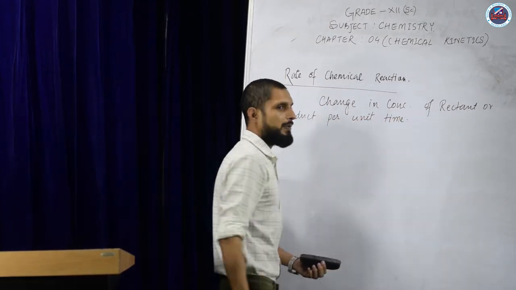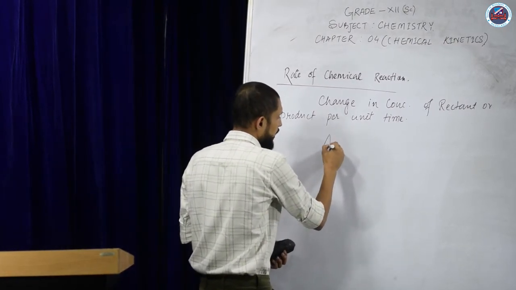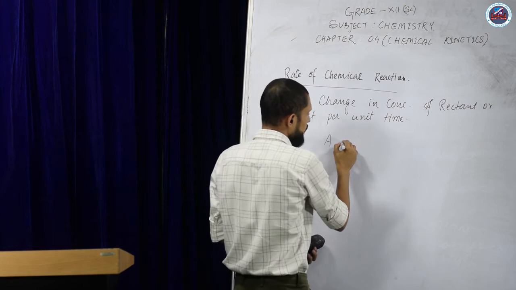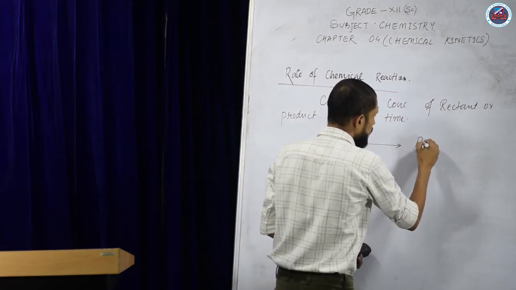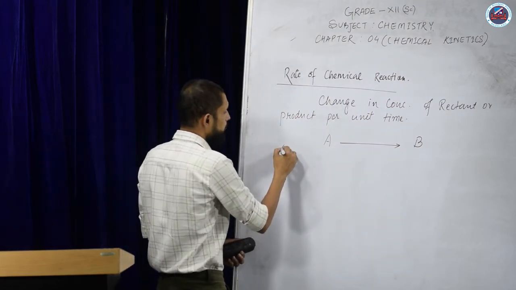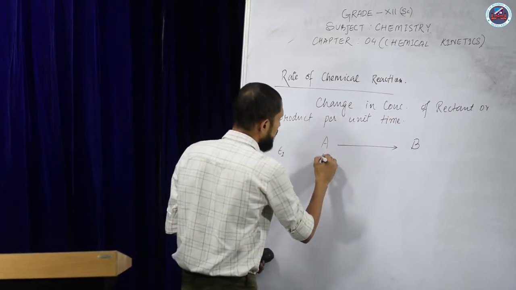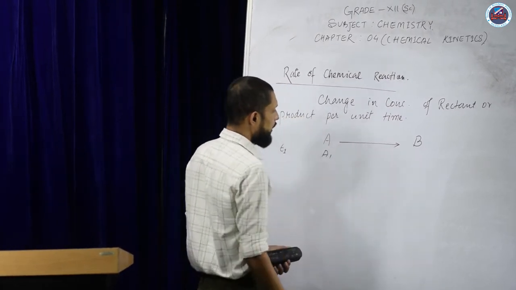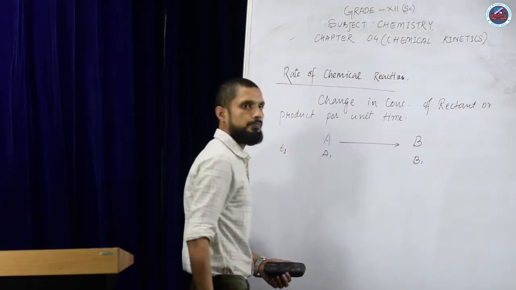So to understand this better, let us take an example. Say you have a reactant A which undergoes chemical reaction to form product B. Say at time T1, the concentration of reactant is A1 and concentration of product is B1.